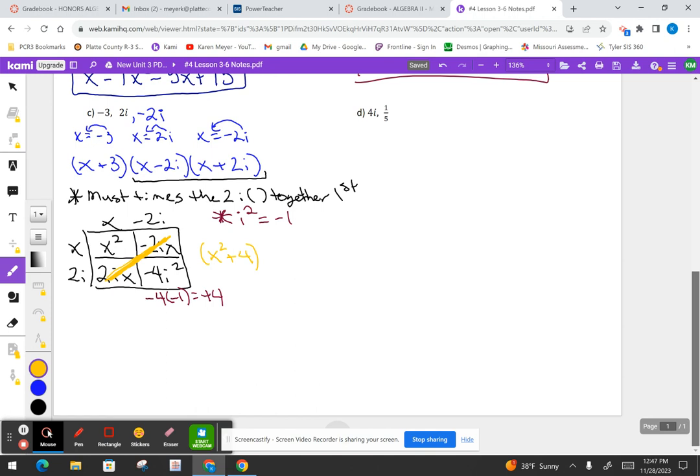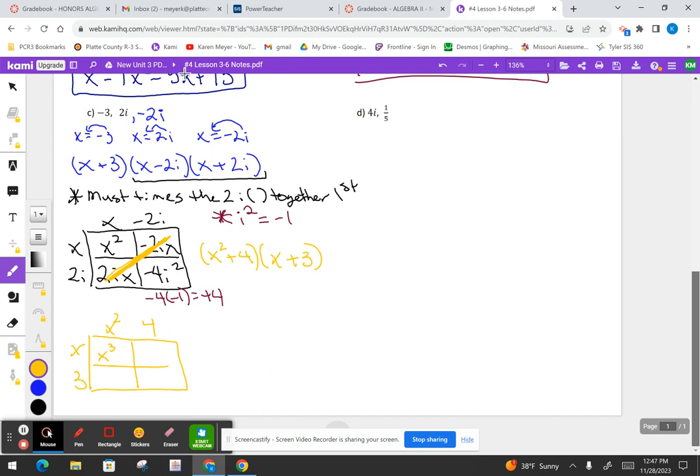Because in all the problems that we've done in the past, you'll notice that they have never had an i listed in the equation, okay? So remember, all the i's go away. Now I'm going to take this times our parentheses that didn't have an i, which is x plus 3. And then I'm going to make another little box. So x squared, 4, x, 3.